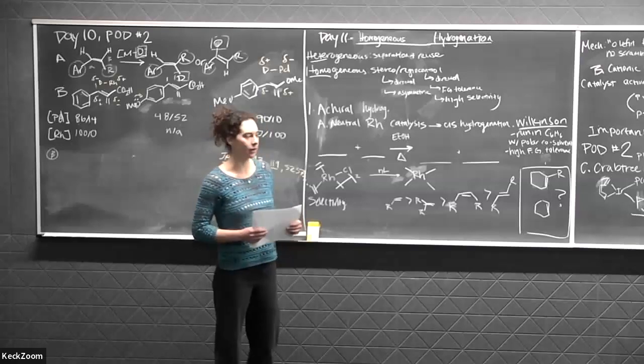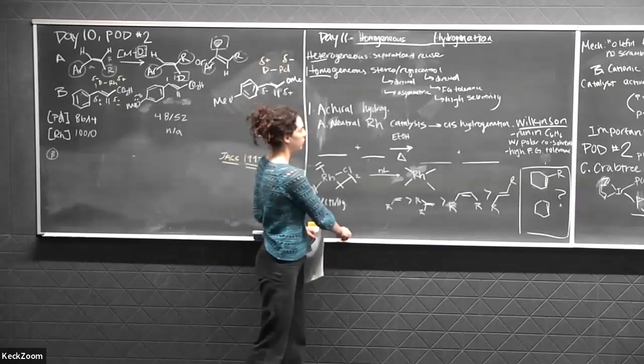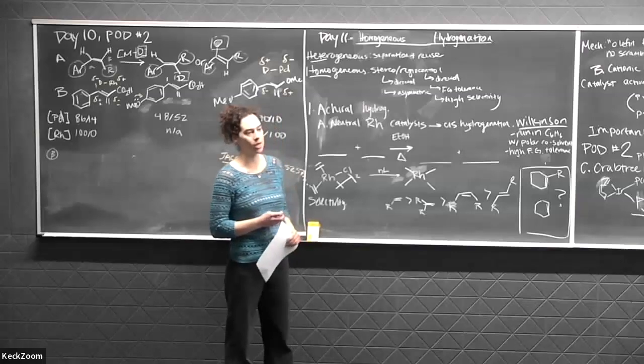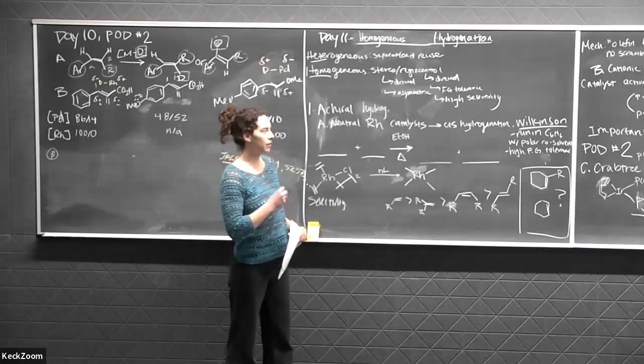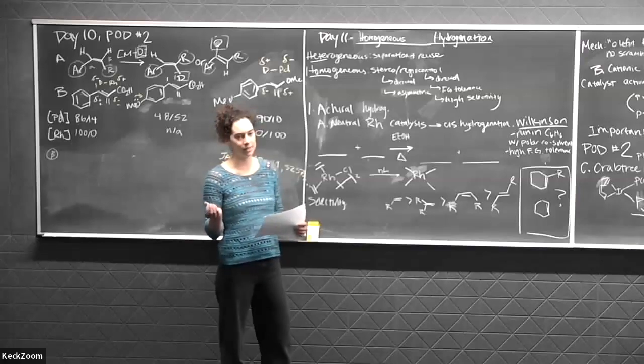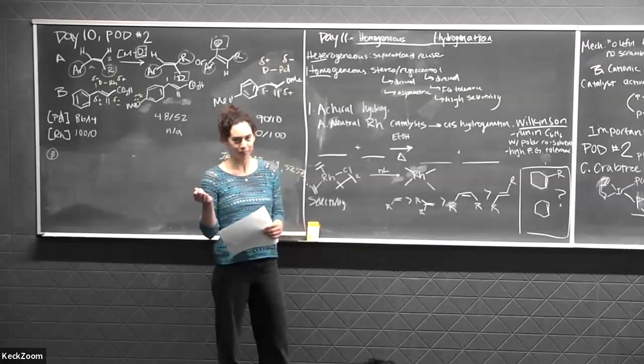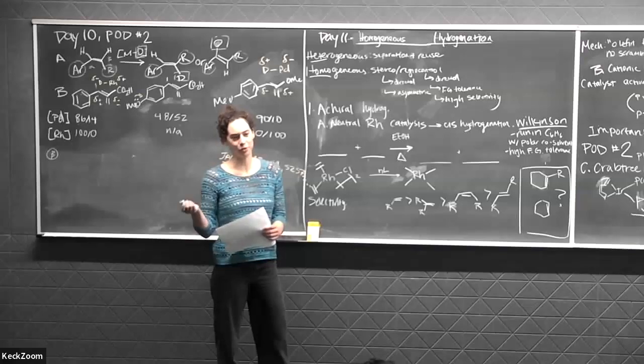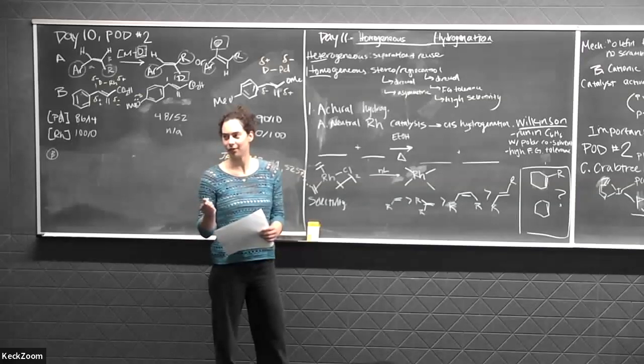The first catalyst we'll talk about is the neutral rhodium catalyst, and the most common historical example would be Wilkinson's catalyst. Can someone tell me what that looks like? I'm not going to call on people, so you've got to just shout. I know someone knows what it looks like.